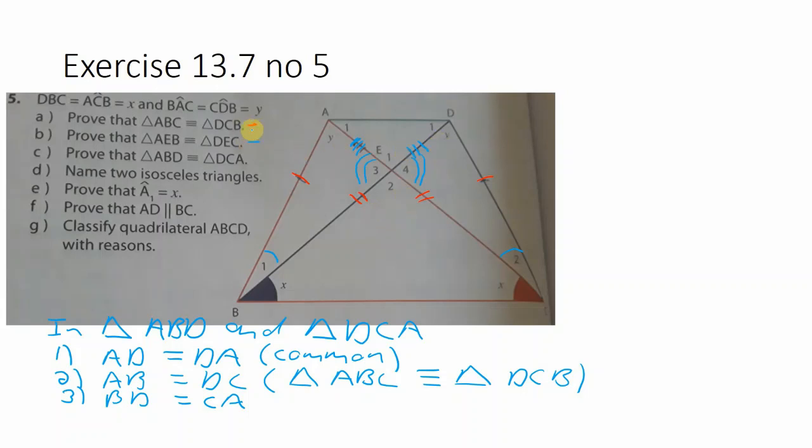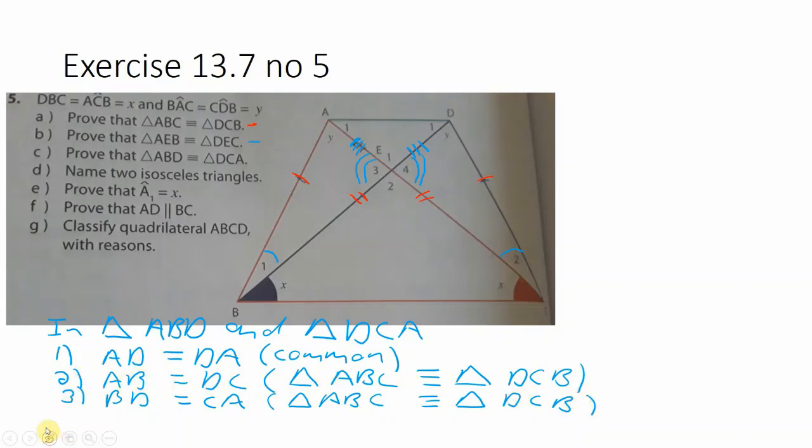And that we also know from the first congruency, because triangle ABC was proven congruent to triangle DCB.